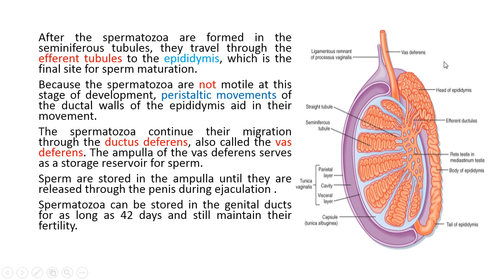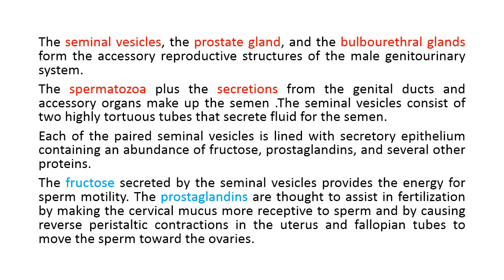The ampulla of the vas deferens serves as a storage reservoir for the sperm. The sperm will be stored there until they are released through the penis during ejaculation. Spermatozoa can be stored in the genital duct for as long as 42 days and still maintain their fertility.